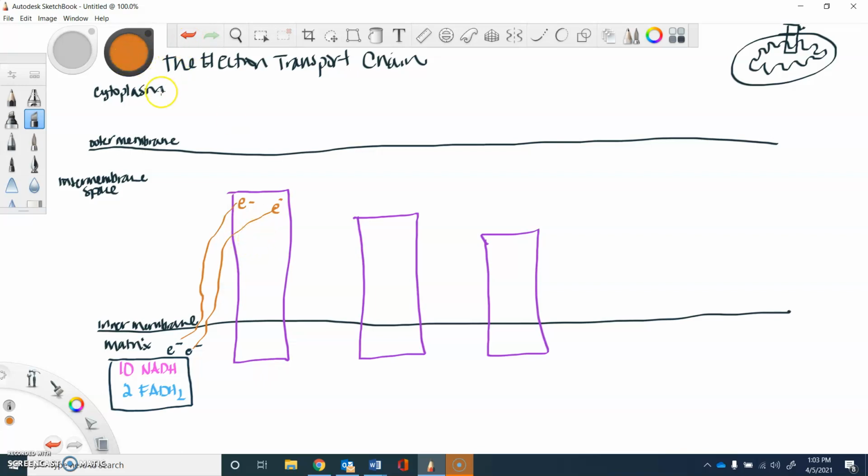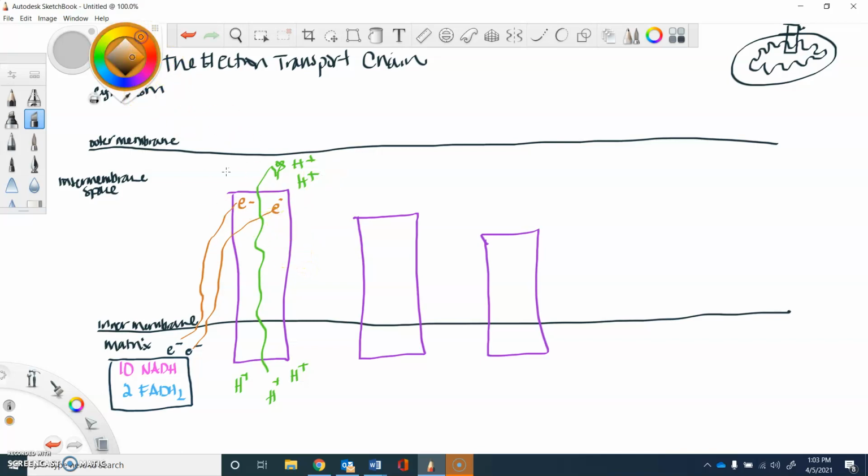And what they do is when we use those electrons, they pump hydrogens from the matrix into the intermembrane space. Okay?